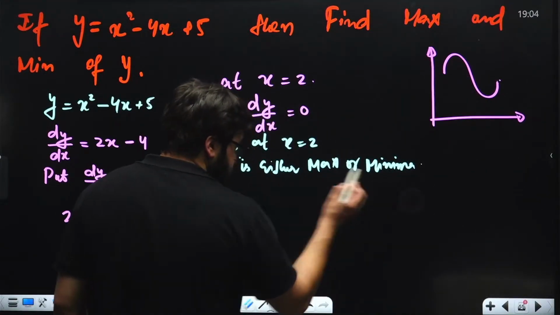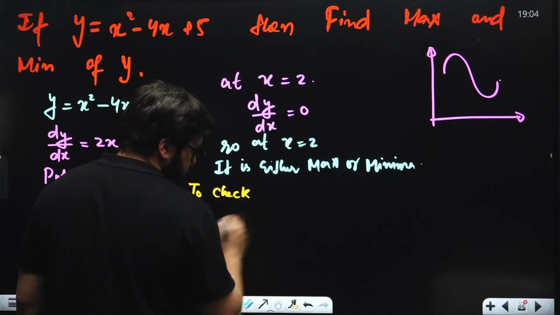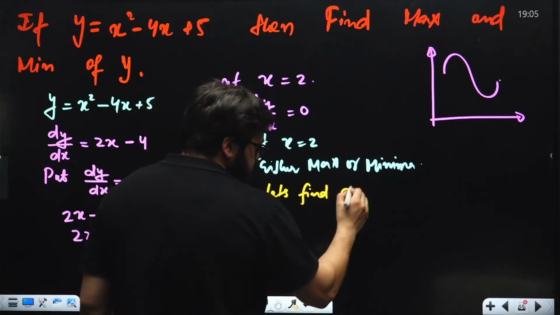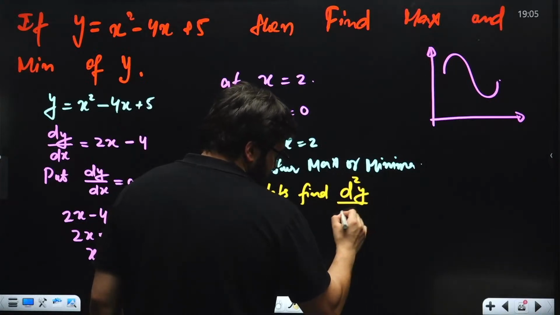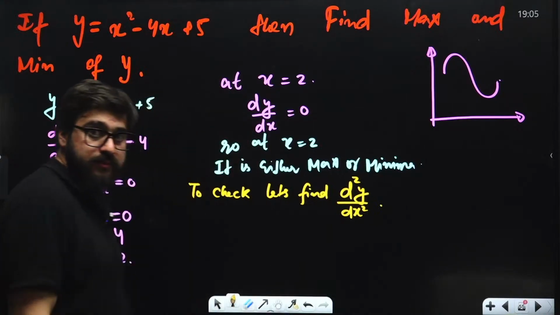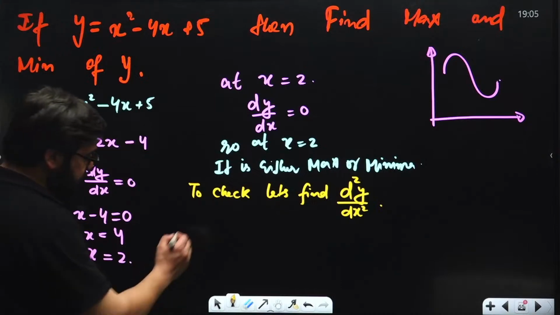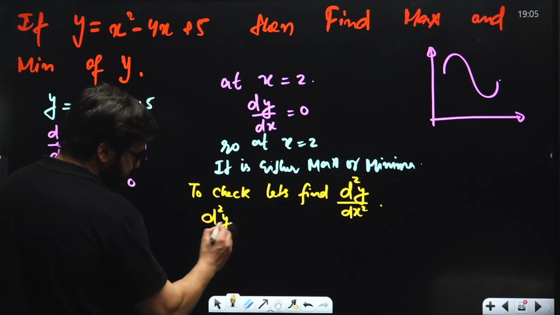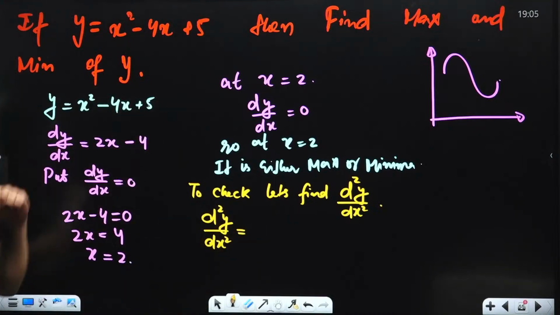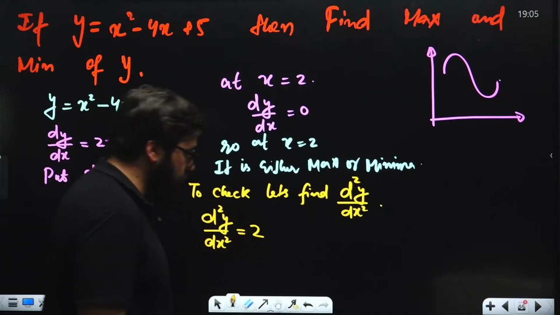To check, let's find d2y divided by dx2. Let's do the double differentiation of this one. So d2y divided by dx2 is equal to, for 2x it will be 2, minus, for 4 it is 0.